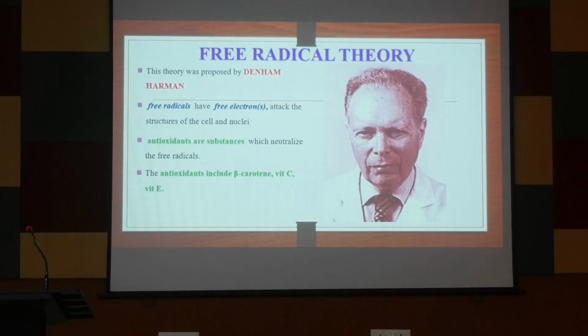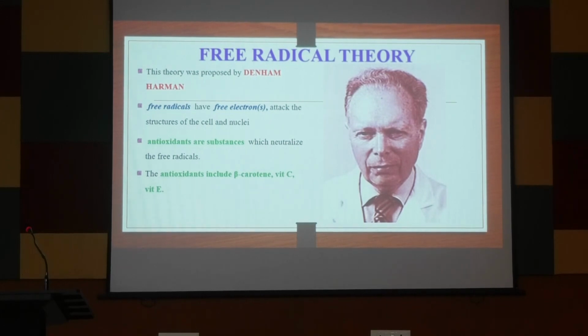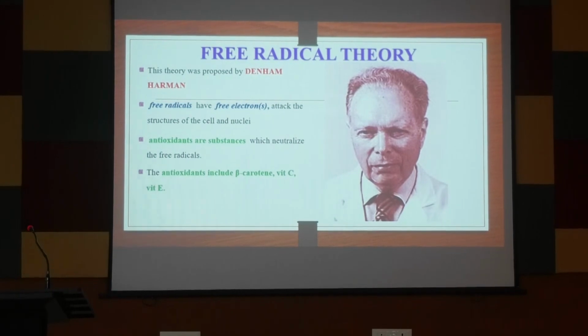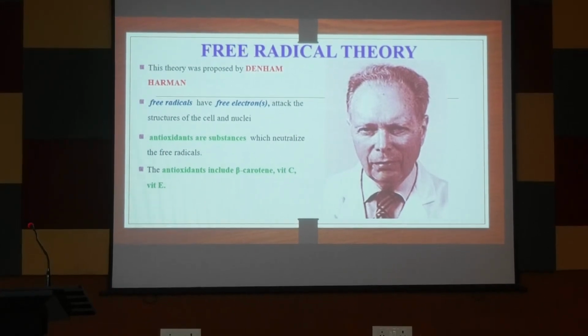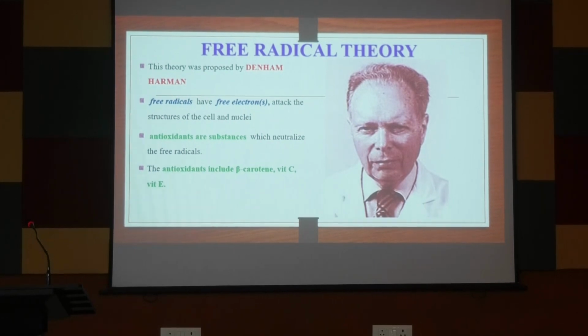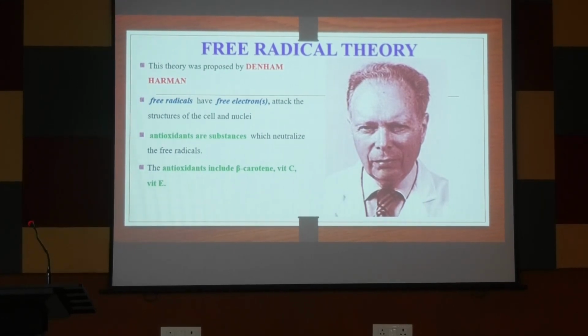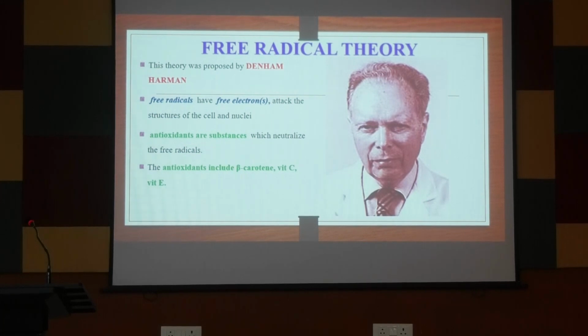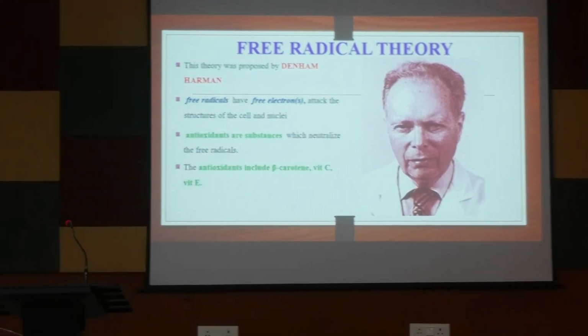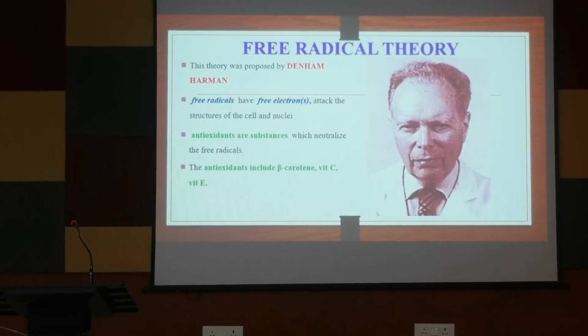There is derivation of free oxygen radical, hydroxyl ion, etc. These free radicals or free electrons are causing damage to the mitochondrial membrane as well as the cellular membrane. And cumulatively, this damage is actually causing aging.